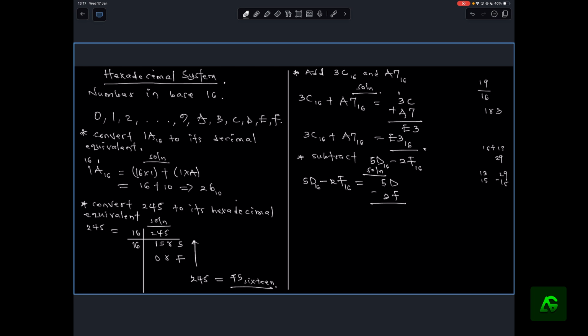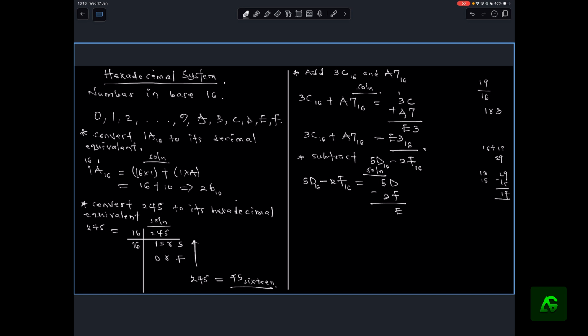So what we now have is 29 minus 15. When we subtract 15 from 29, it gives 14. What does 14 represent? E. That means D minus F is E. Can I continue?